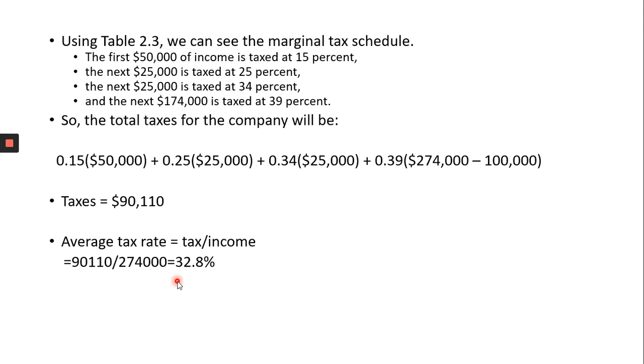We know that up to $335,000 the tax rate is 39%, so this extra $1,000 of taxable income will fall under the 39% tax bracket. So our marginal tax rate will be 39%. Thank you.